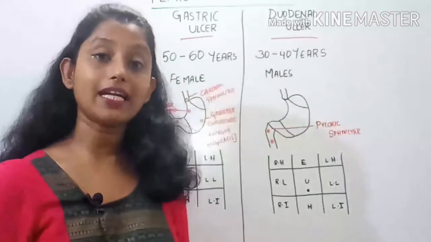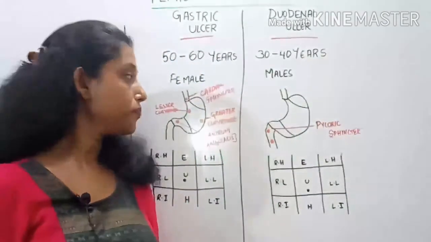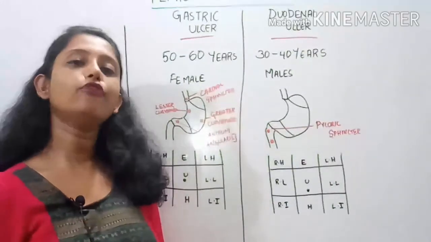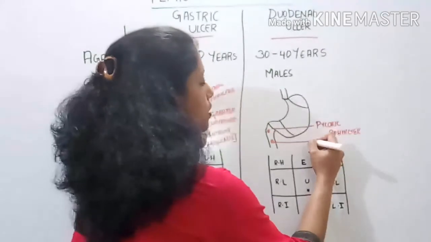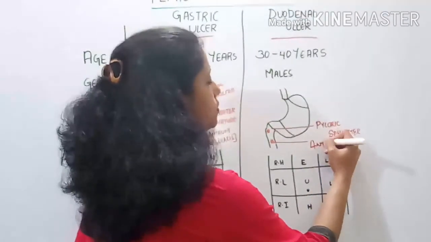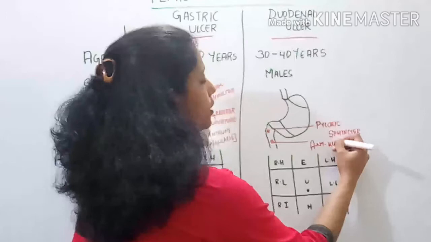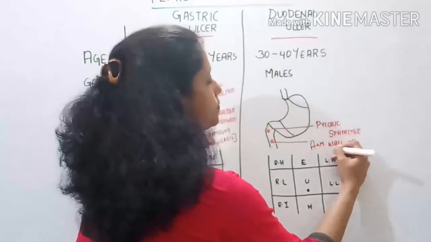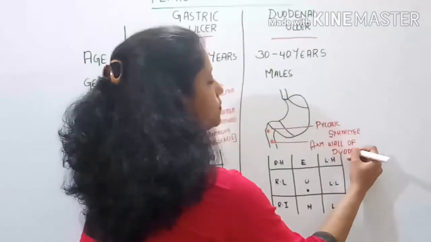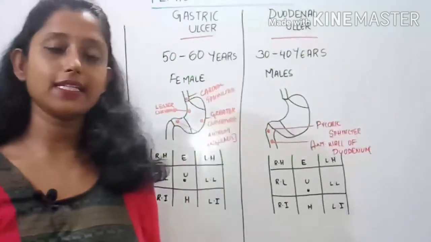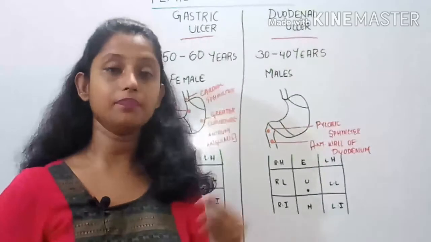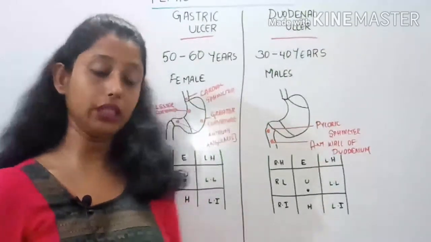That is a sphincter which connects the stomach and duodenum, and it can also be found on the anterior wall of the duodenum. Okay, so I hope you got an idea about the sites of peptic ulcer, specifically of gastric and duodenal ulcer.